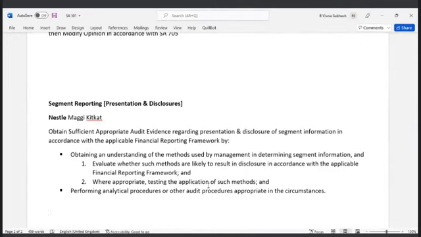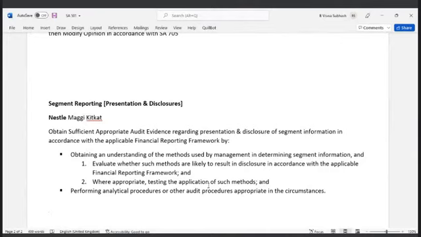But as an auditor, you need to look at the accounting standards as well as certain things in determining what exactly needs to be reported. First, whether it is qualifying for being reported as a segment. Second, if it is qualifying, what should be reported and what may not be reported.